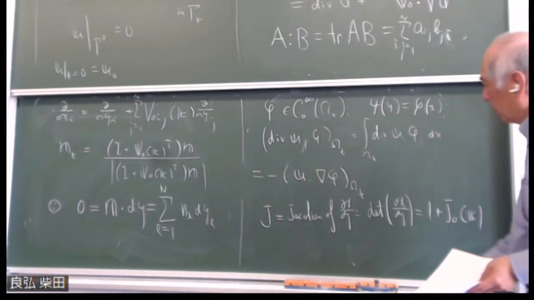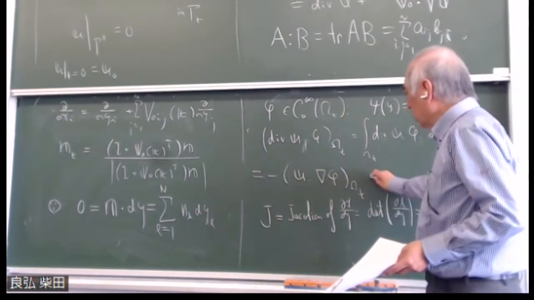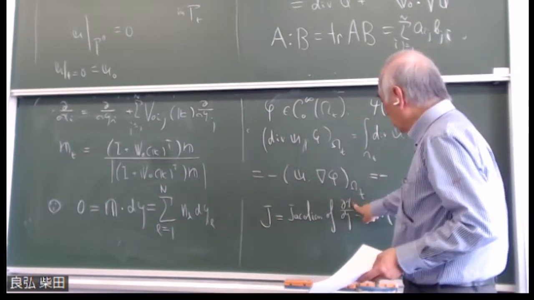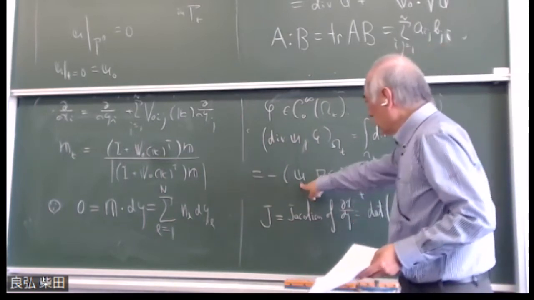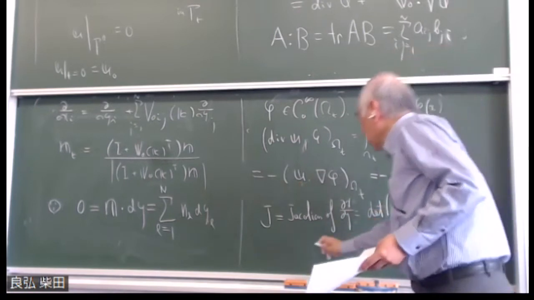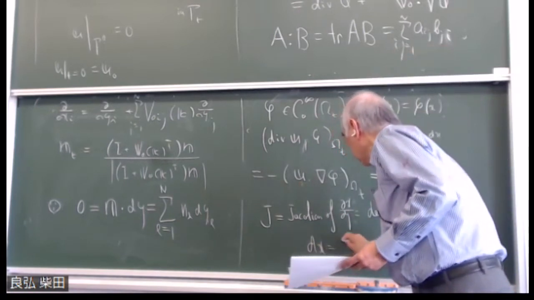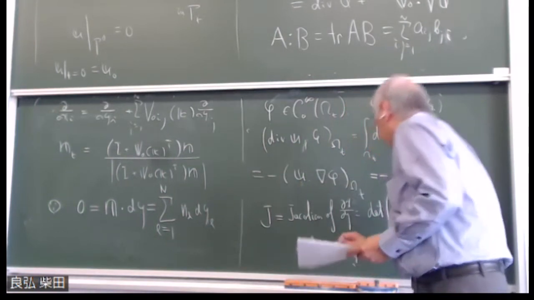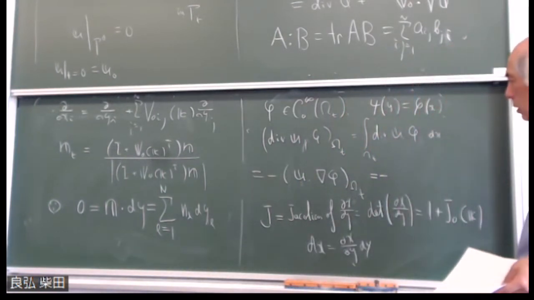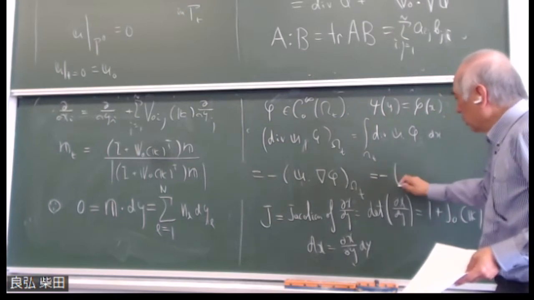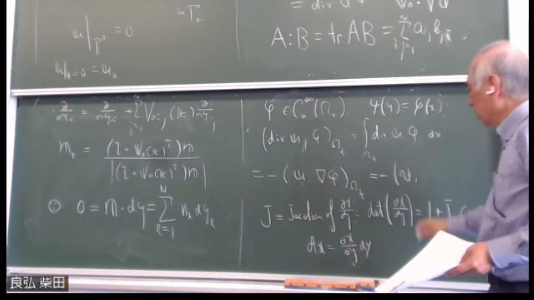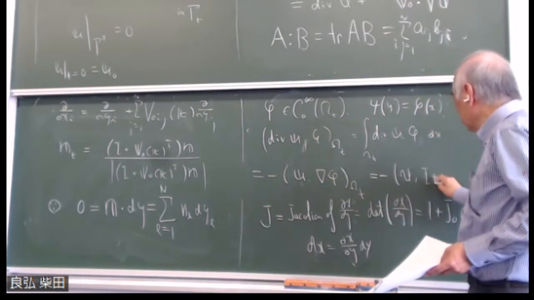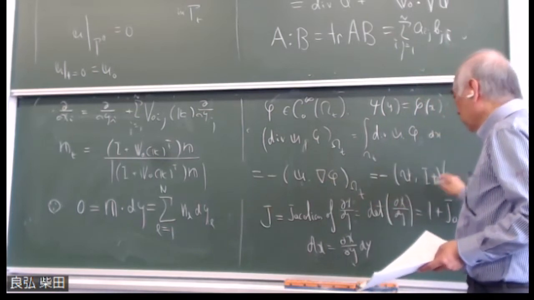So then this can be written because the Jacobian is the transformation from x to y. So here, dx is the Jacobian times dy, right? So you have u equal v, and then the change of variables equals 1 plus v0.